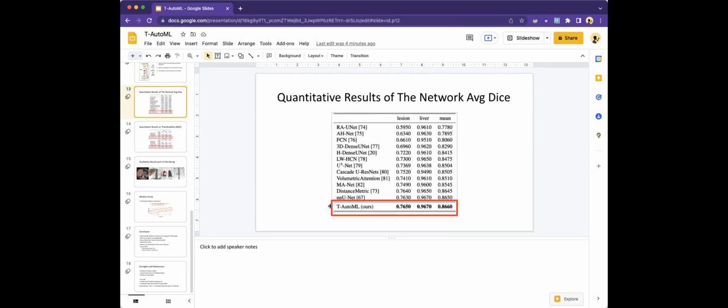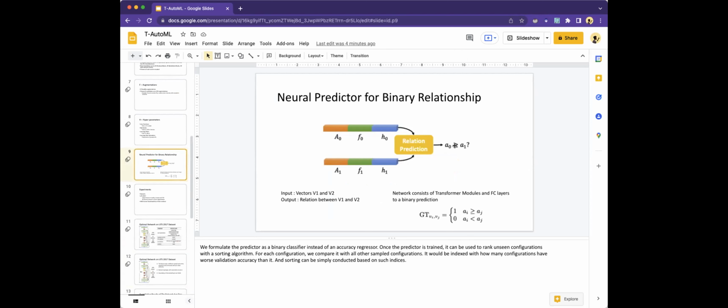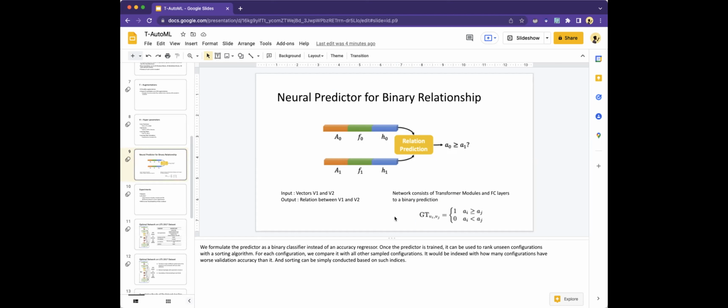But once you get this data set trained, the neural predictor can even be run on a CPU. That's what they say. So this predictor network can be run on a CPU and it will take very little time to train. So they claim that it is real world usable. But the thing is that they did not have any code so that we can reproduce and confirm what they are saying. Okay, gotcha.